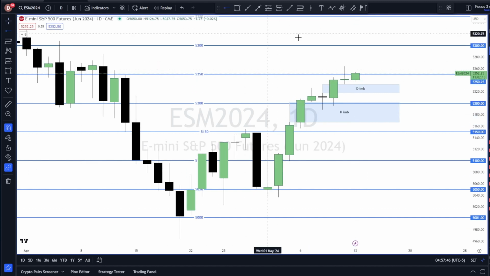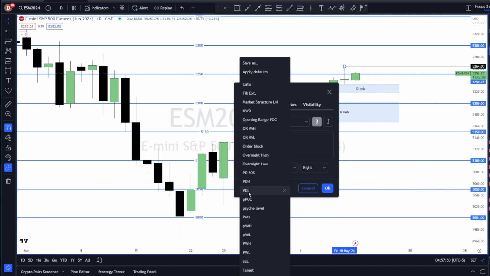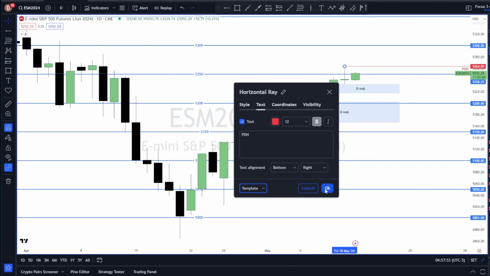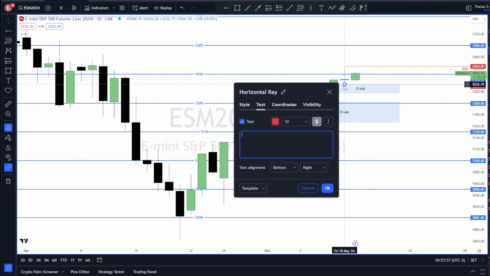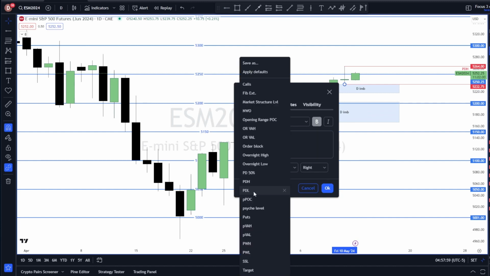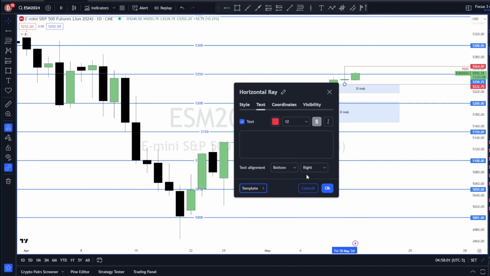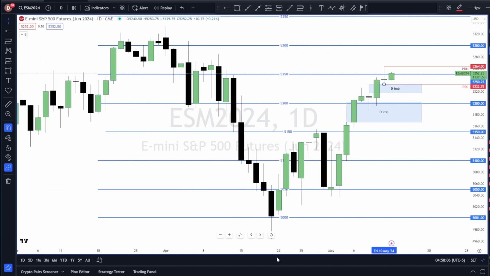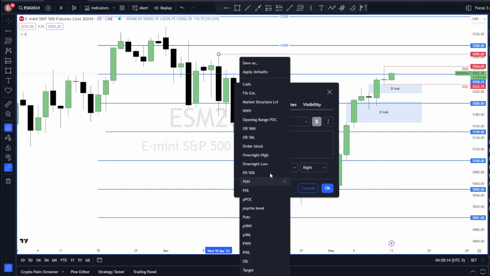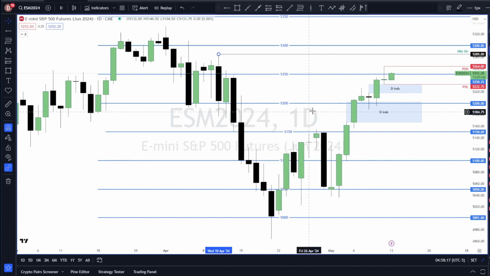All right, so that's the first thing that catches my eye on this bull run up here, and then we want to obviously put in our prior day high and our prior day low. Okay, and so then let's run. You've got a couple of swing highs here we want to notate right there, 5285, and we'll just call these structure levels to the upside.